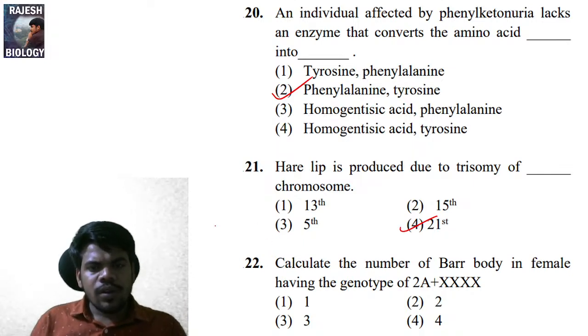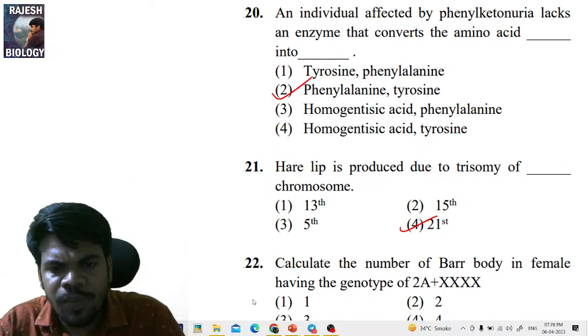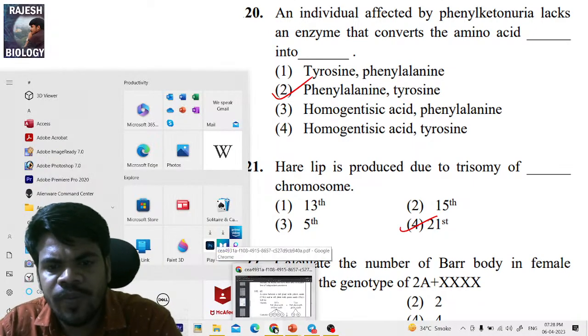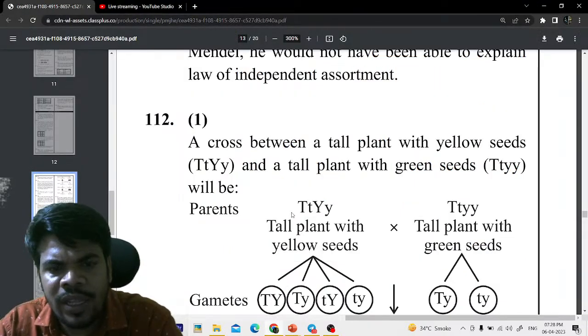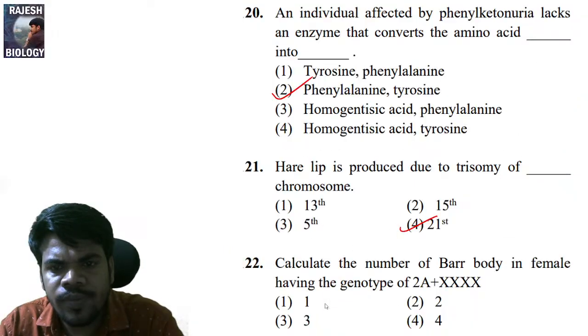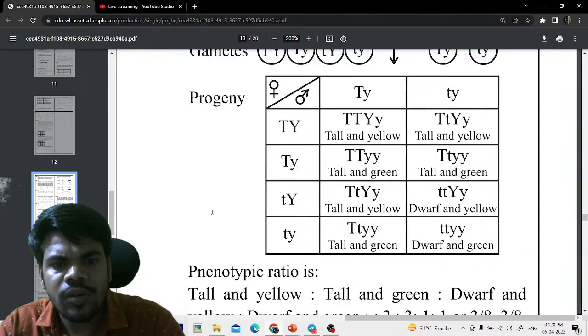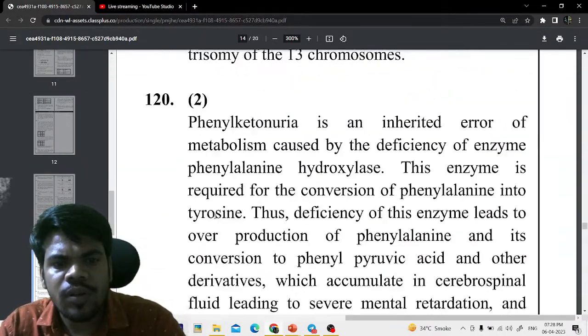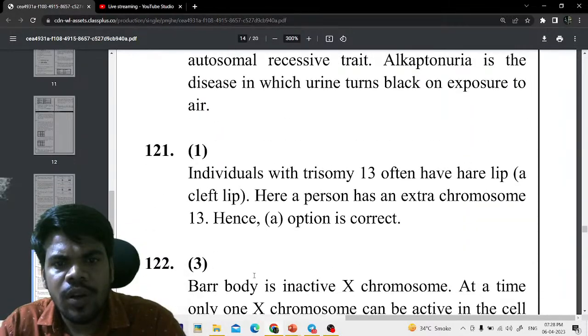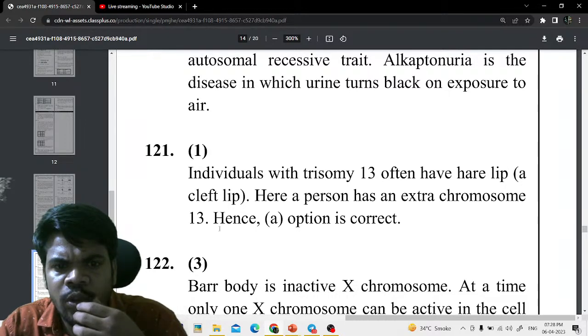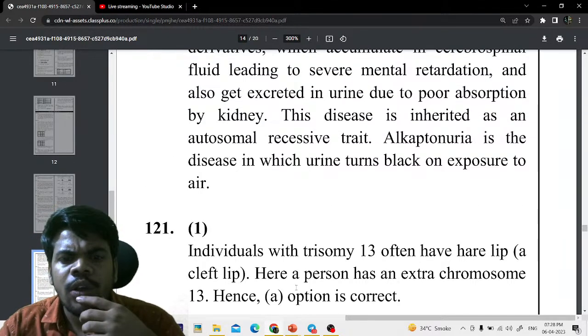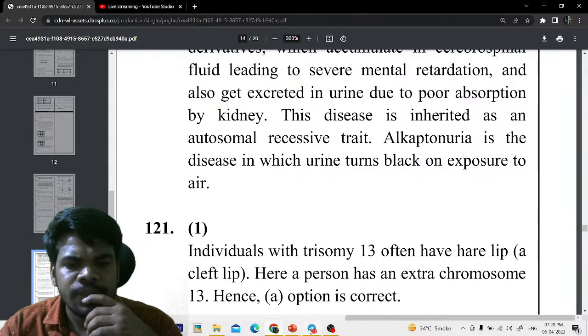Trisomy 21, no? Let me check, because Patau syndrome is there. That also has the cleft palate. Let me check the 21st question. Individuals with trisomy 13 have hare lip, cleft lip. A person has an extra chromosome 13. Option A is correct.